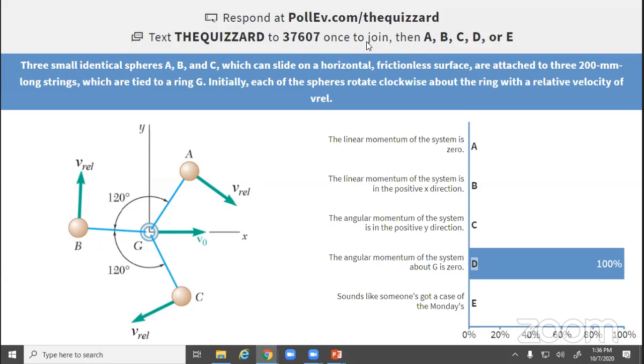So which one of these is true? One of these is true. Which one of these is true?